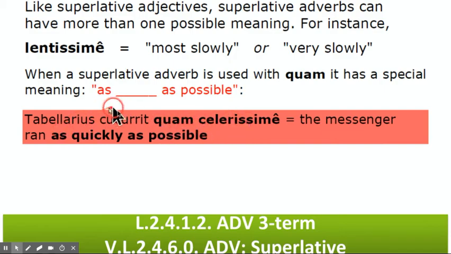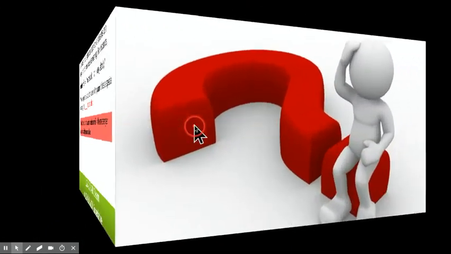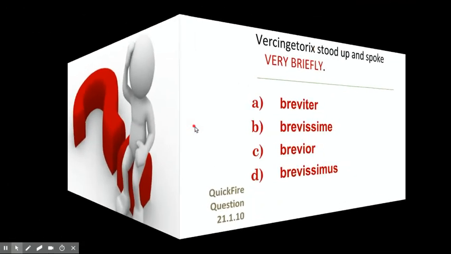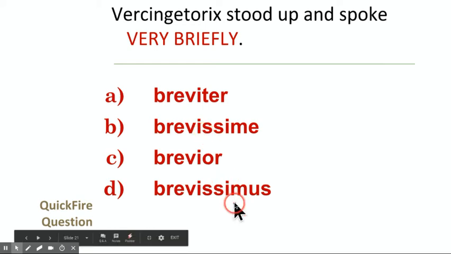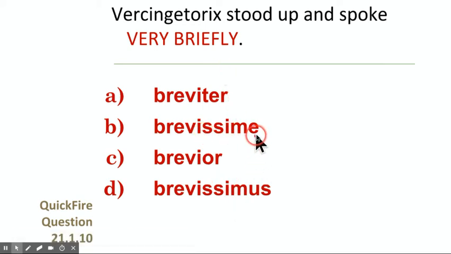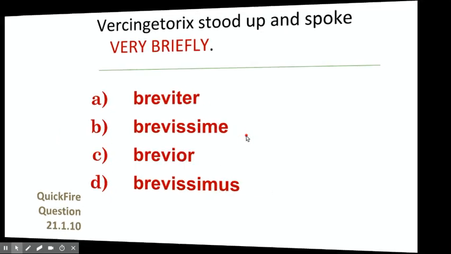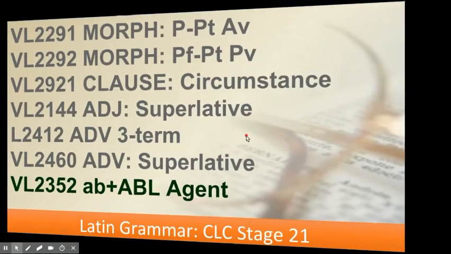So the tabularius ran as quickly as possible. Superlative. All right. So very briefly, we're dealing with an adverb. Now, obviously, A isn't possible. C isn't possible, so it's either B or D. Adverb is signified by the E. That's correct. All right, moving on.